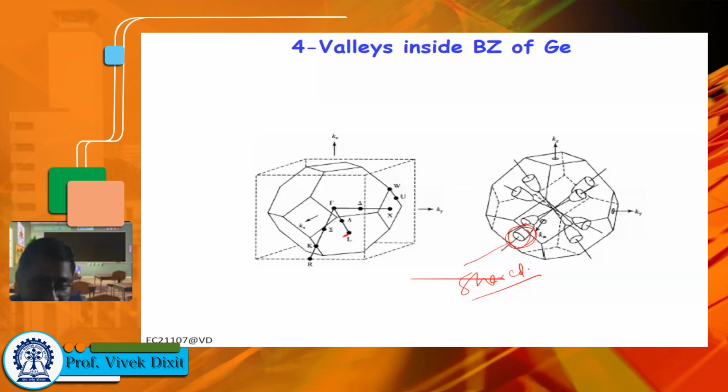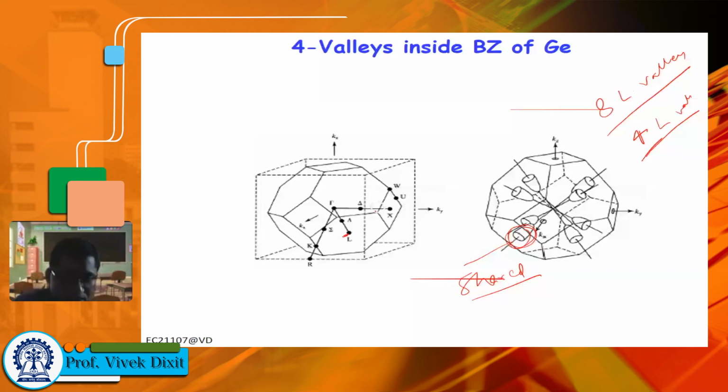So effectively, there are 8 L values, but per unit cell there will be only 4 L values because they are shared by the nearest neighbors. In case of silicon, there are 6 valleys and they are inside the particular cell. So for silicon, there will be 6 X valleys inside one cell because they are not exactly at X. They are slightly before X, right? So effectively for germanium, we will have 4 L values. For silicon, we will have 6 values near X.